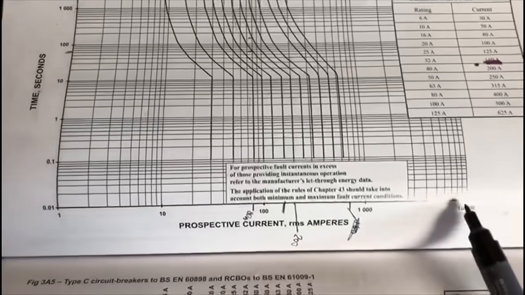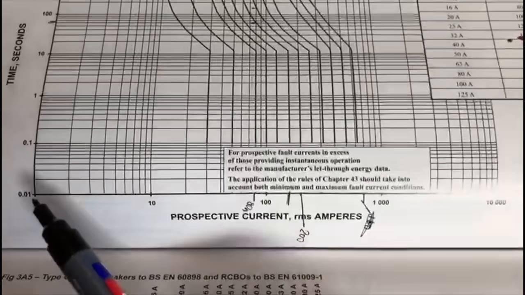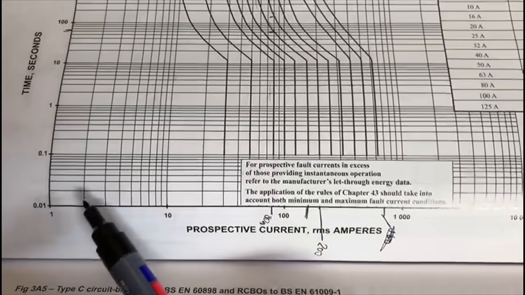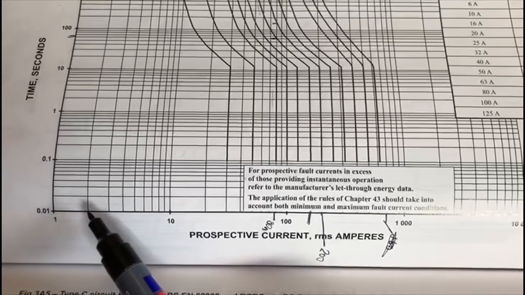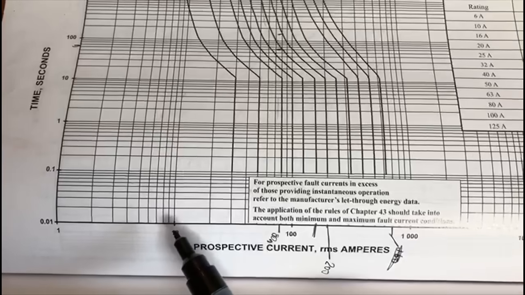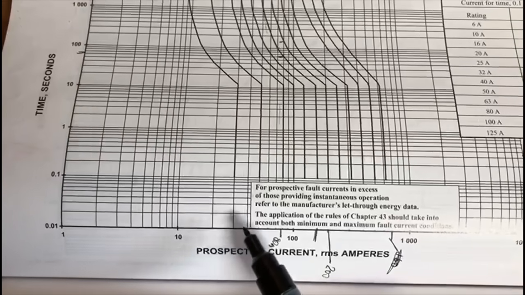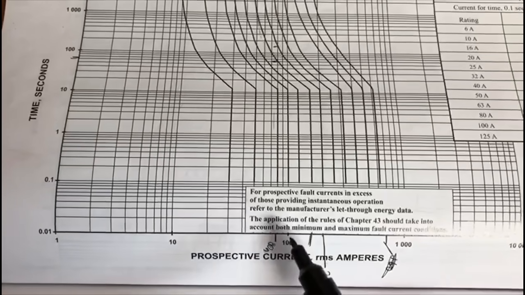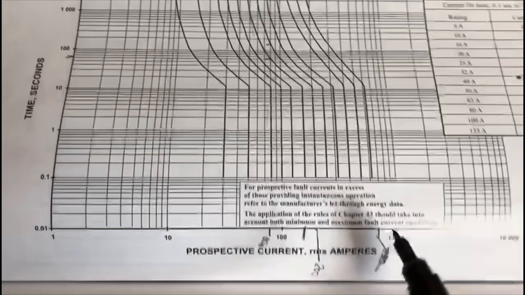Now it does that in a logarithmic scale. So just looking here, each line represents 1, 2, 3, 4, 5 to 10, and then it goes 10, 20, 30, 40, 50 to 100, 100, 200, 300, 400 to 1,000, and so on.